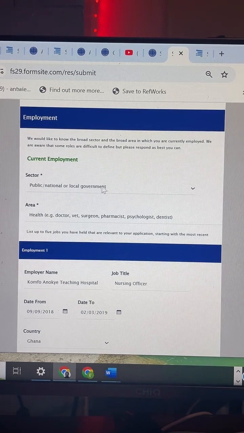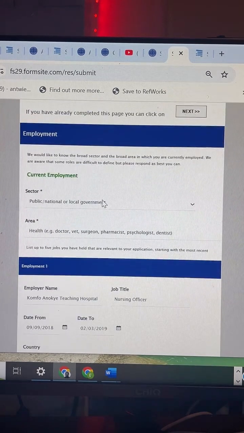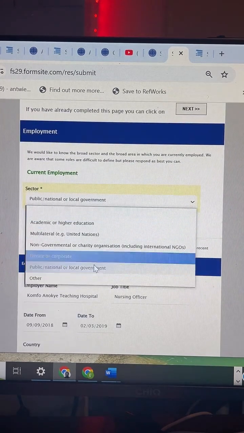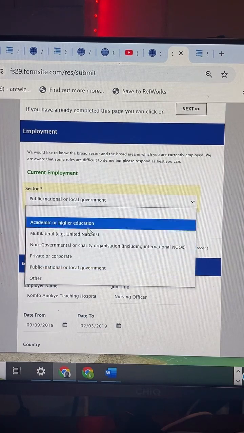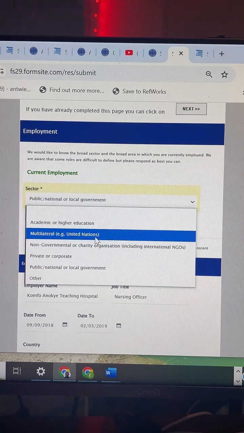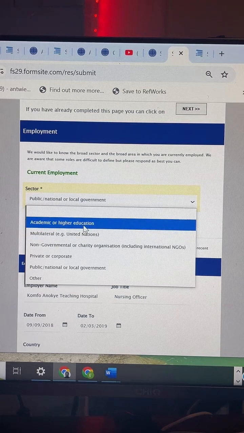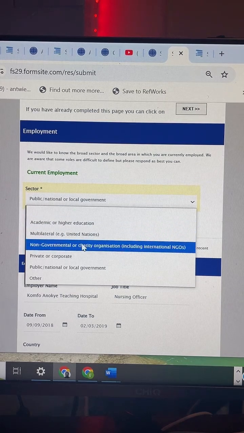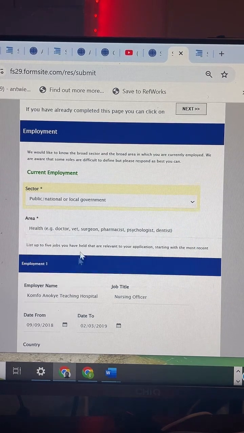And then current employment, if you are currently working, if you are doing your national service, just as it was asked earlier, you select the sector that you are working in, whether it's a non-governmental organization, whether it's academic or higher education.